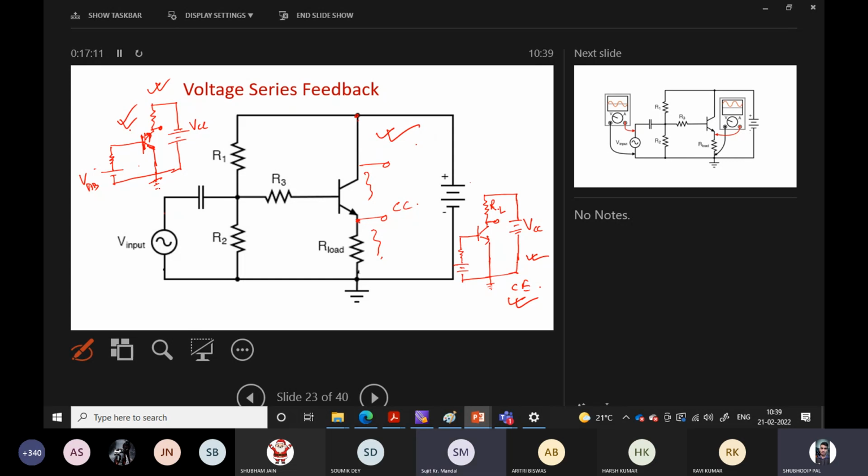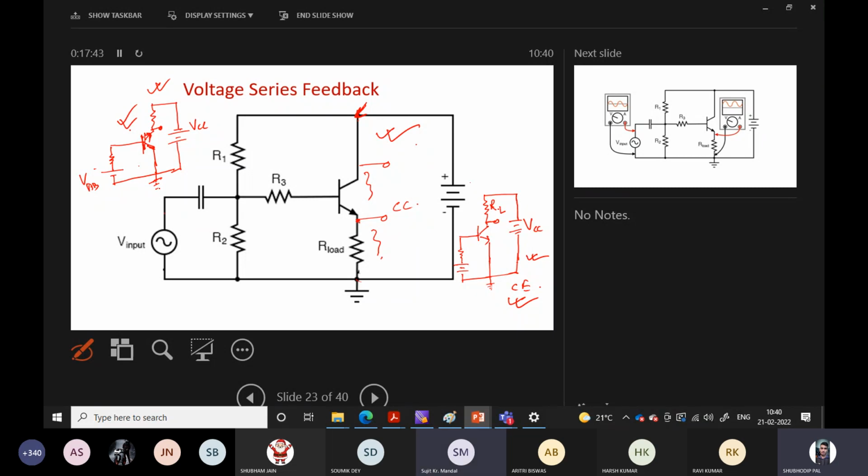For change in AC voltage, taking the reference point with respect to the emitter terminal is the same as taking the collector as the reference point, because this is the common point for AC. For alternating, changing signals.